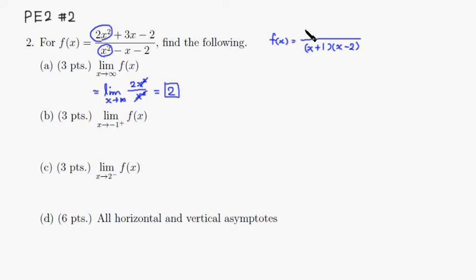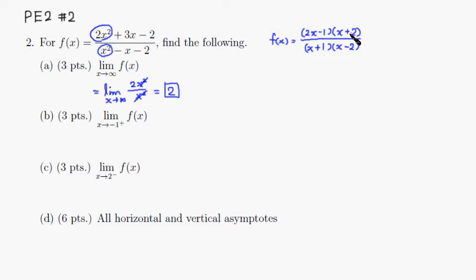The numerator can be factored as well. You have a 2x here, and you have x here. Then we need 1 and 2, so it seems it's going to be -1 here and a positive 2.